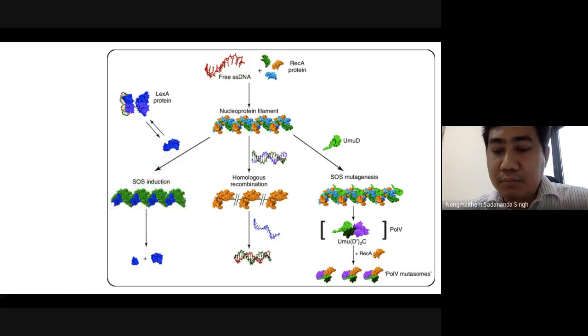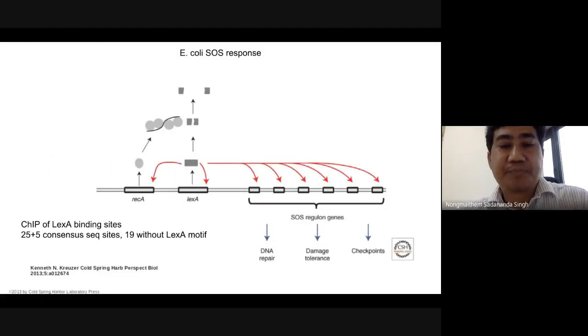Okay, now RecA is very important for LexA function, in that LexA is a repressor. When it is full length, LexA binds to the promoter region and doesn't allow the expression of downstream genes, and all these downstream genes are SOS response elements.